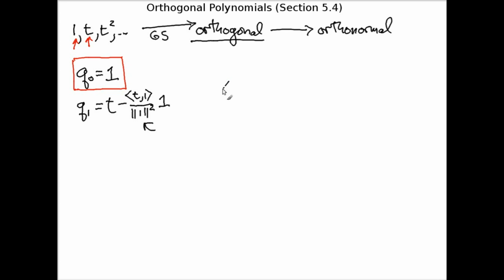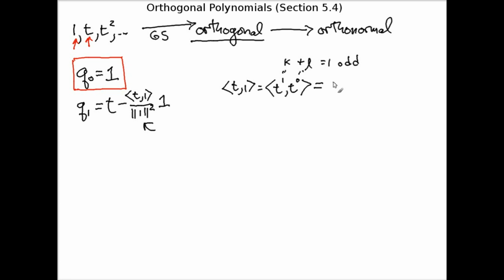Well, what is the inner product of t and 1? That's t to the 1, t to the 0, so k is 1 and l is equal to 0, and k plus l is equal to 1, which is odd.